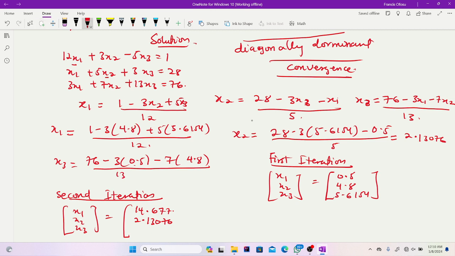And what am I getting for this? This is giving me 3.14615. So you simply write 3.14615. So now I have the values for my second iteration.